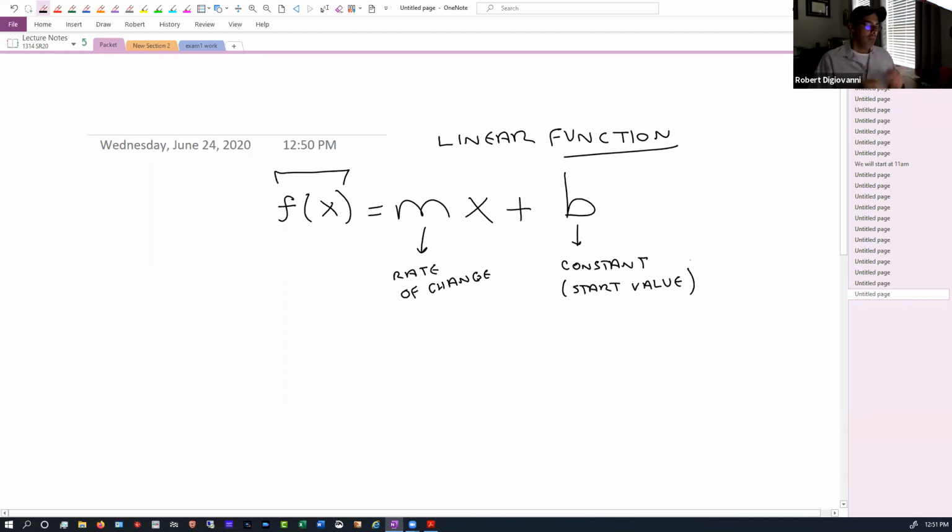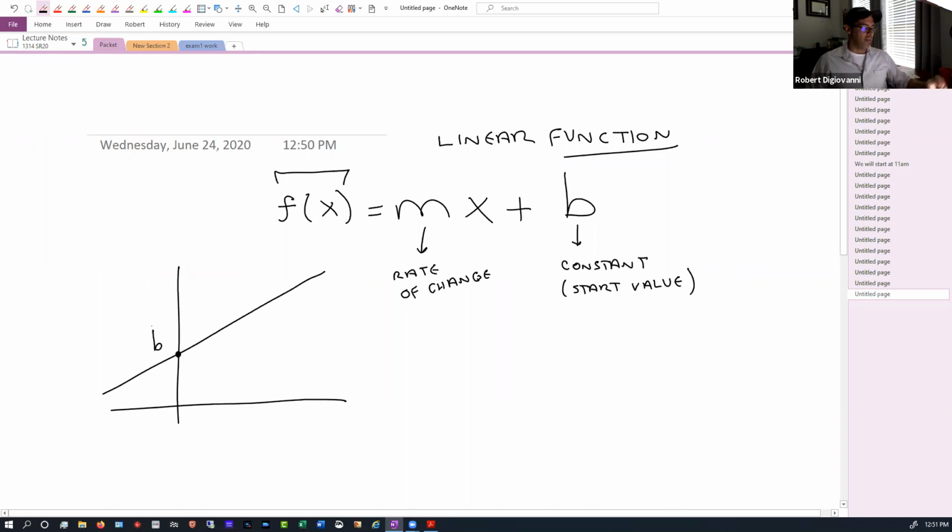So think about it this way. We know that if we graph this, it's going to be a line, and we know it's going to hit here at b. So if we're thinking of x as being like time on a watch, then when x is 0, this y-intercept has the coordinate (0, b), and that's always going to be your starting value.